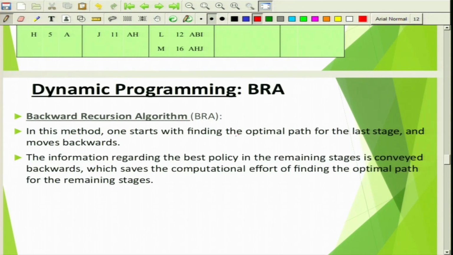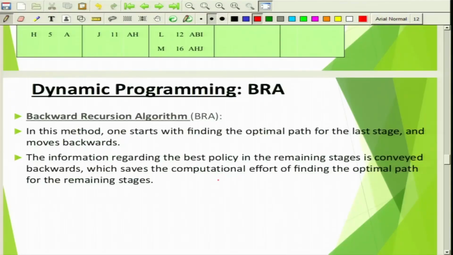The information regarding the best policy in the remaining stages is conveyed backwards, which saves the computational effort of finding the optimal path for the remaining stages. It is the most followed approach because it reduces the computational effort.